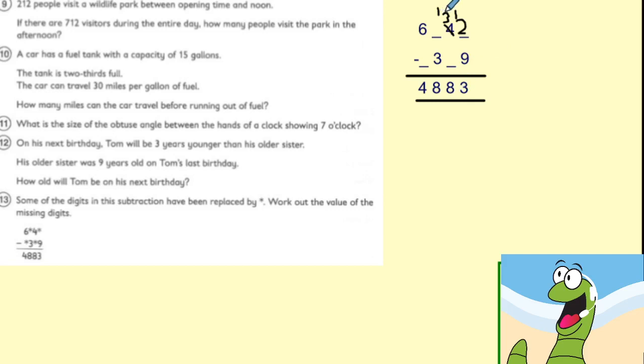Well, if we take 8 away from 13, that will give you 5. So it needs to be 3 from a smaller number to give us 8, because that number at the top needs to be bigger. If I took 3 from 5, that would only give me 2. So whatever happens, I have to borrow from the thousands.